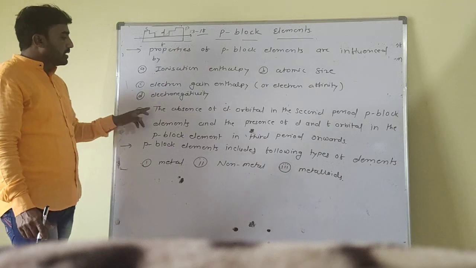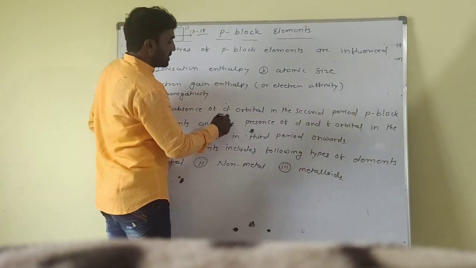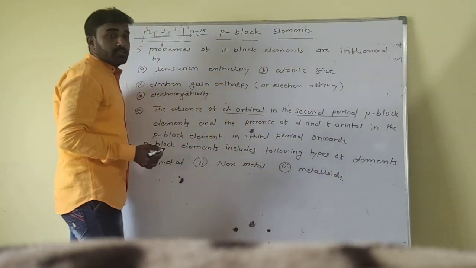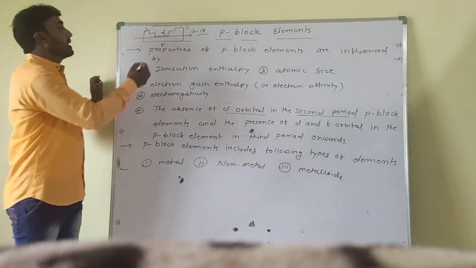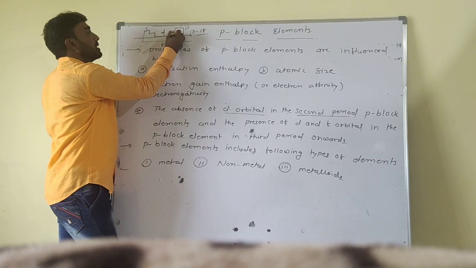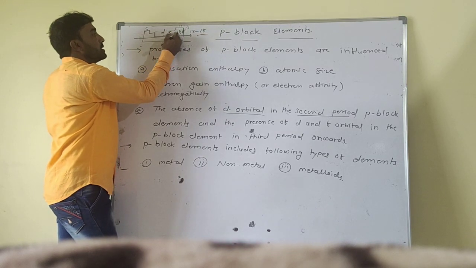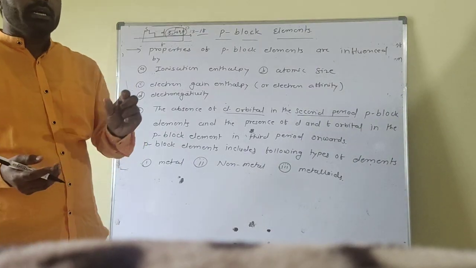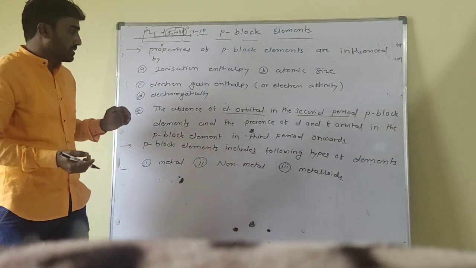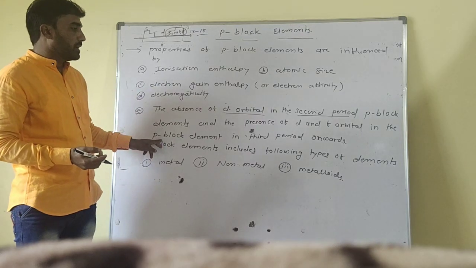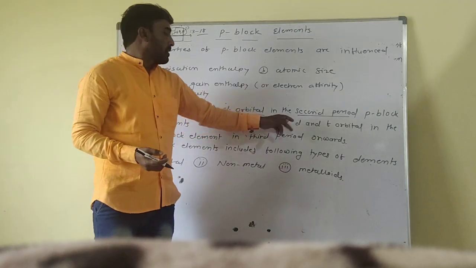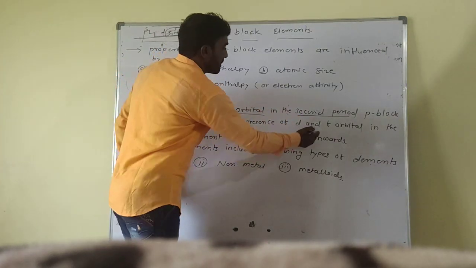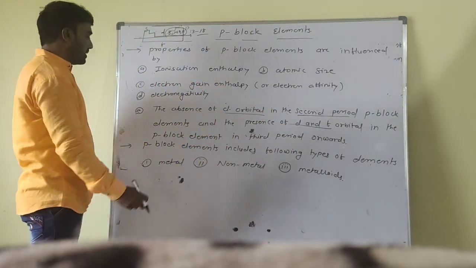Now another point, the absence of d orbitals in the second period. For example, carbon, nitrogen, oxygen, fluorine. Depending upon the atomic number and electron configuration, d orbitals are absent in these elements. And there is a presence of d and f orbitals in p block elements from the third period onwards.